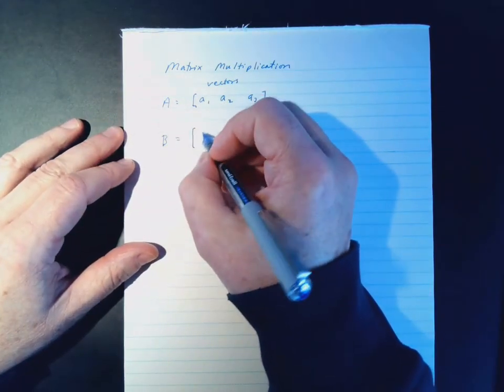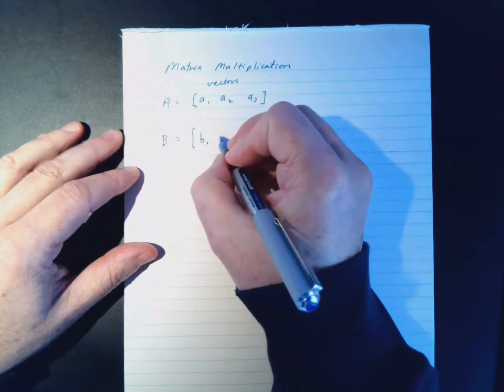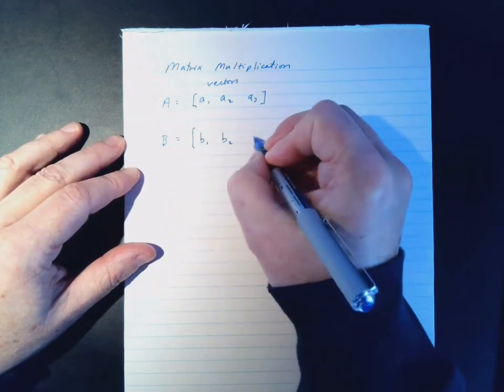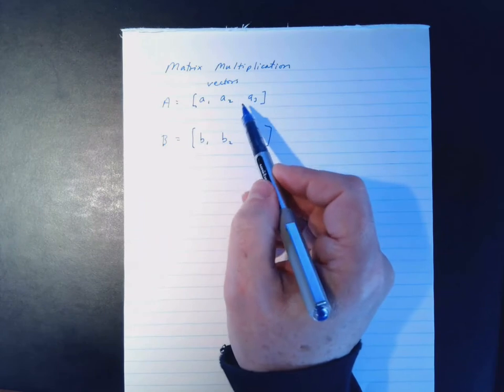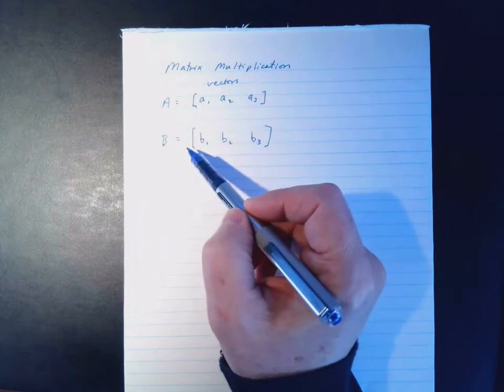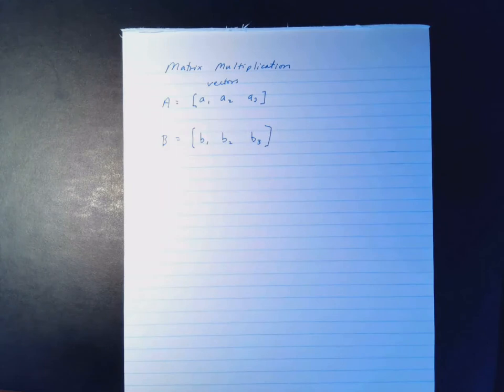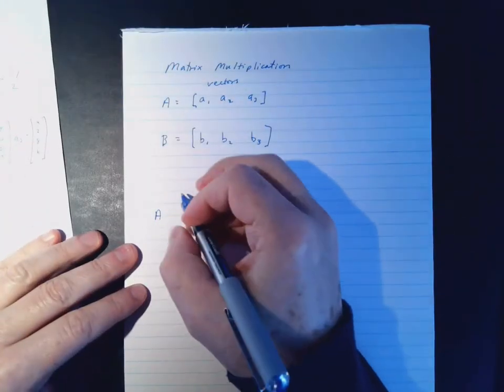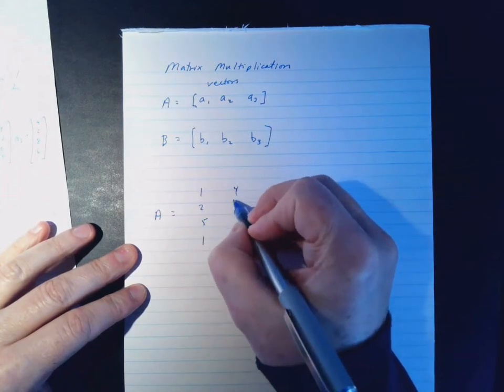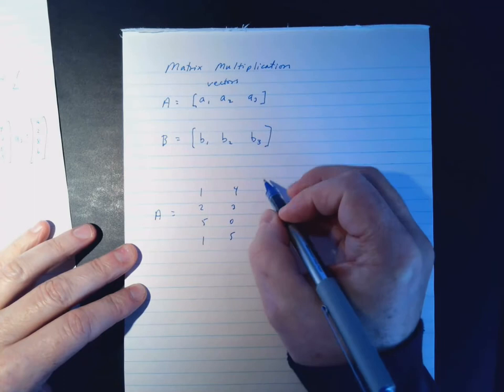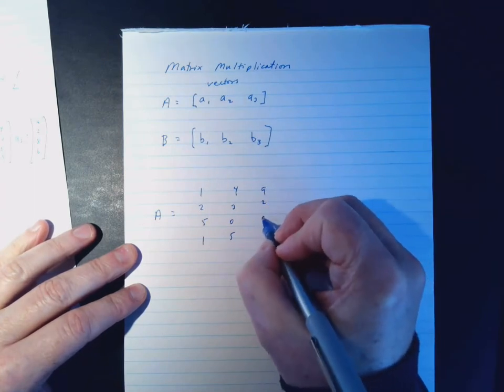B, another matrix, also can be thought of as a row of vectors. So how would we multiply A and B together? Well, the key is that we're going to want a matrix of cross products. So let me write out A: 1, 2, 5, 1, 4, 3, 0, 5, 9, 2, 8, 6.